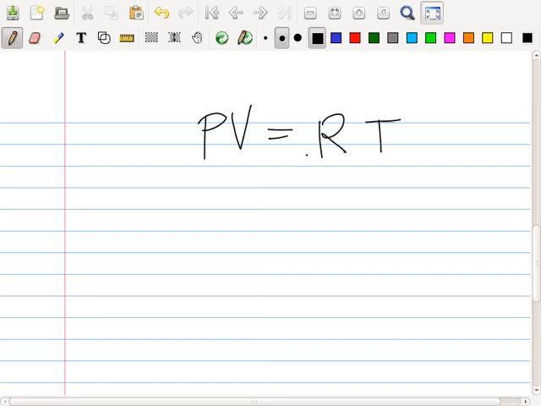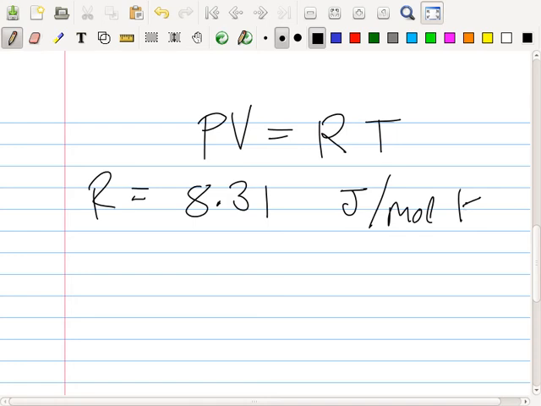The value of R is 8.31 joules per mole Kelvin is the unit.